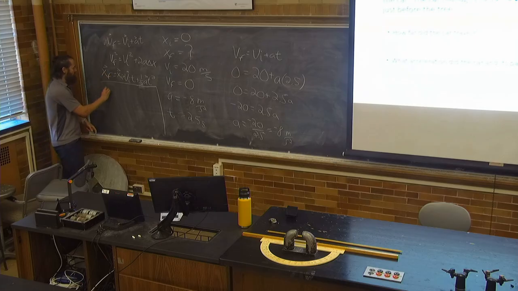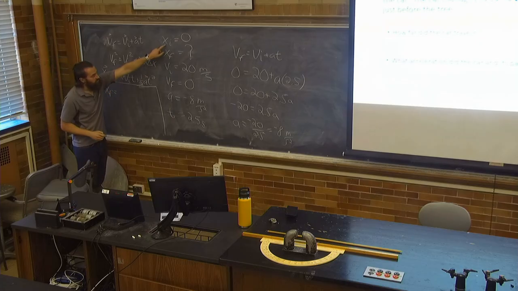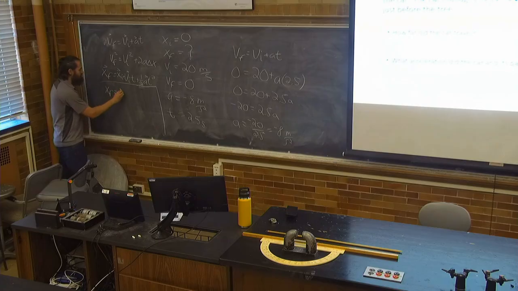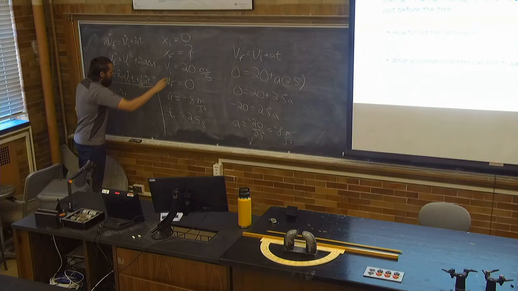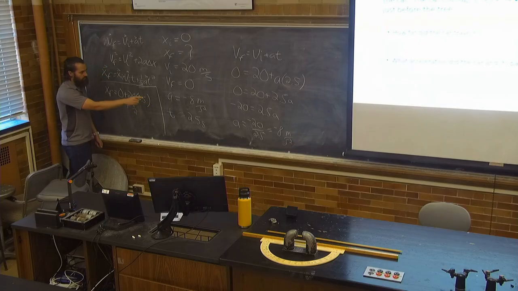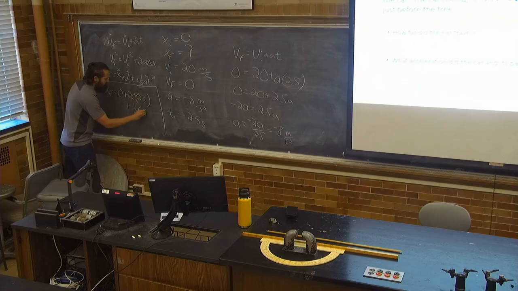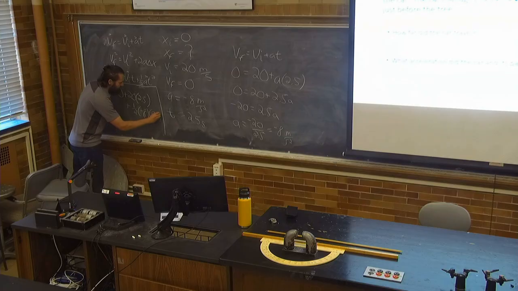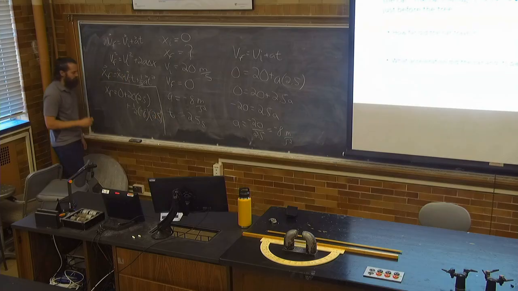So final position equals initial position, which we just set to be 0, plus the initial velocity, which is 20, times the time, which is 2.5, plus 1/2 times the acceleration, which is negative 8, and then times the time, which is 2.5 squared.